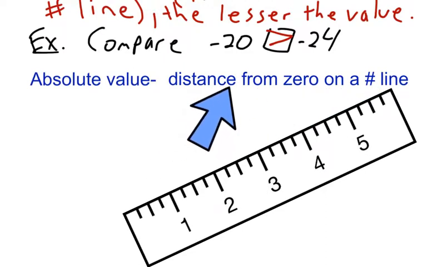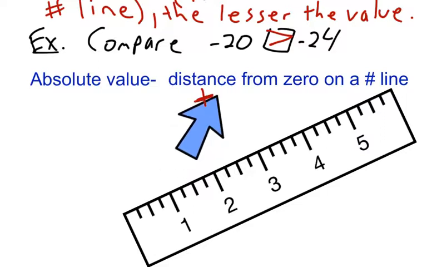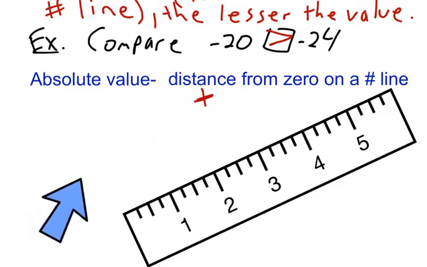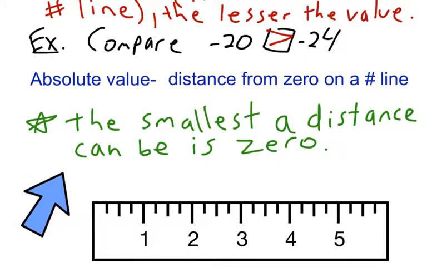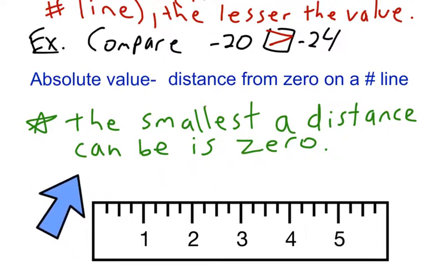So distances are always positive. Always positive. Or 0, right? They can't be any smaller than 0. So the smallest an absolute value could be is 0. Again, the smallest a distance can be is 0. Just think you're using a ruler to measure it. It's how far it is from 0 on a number line.